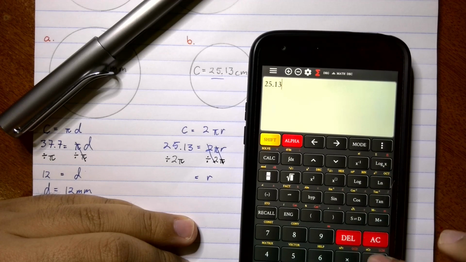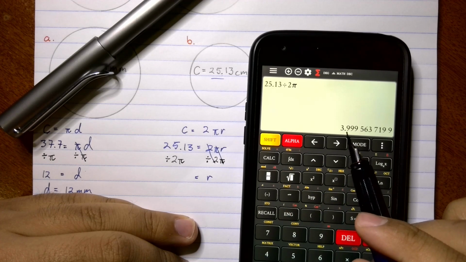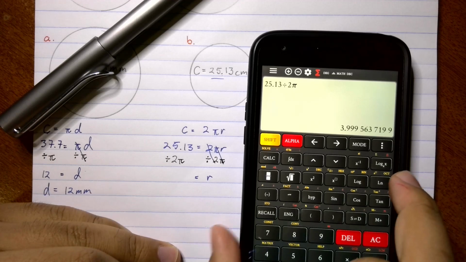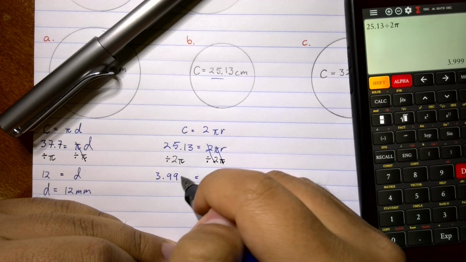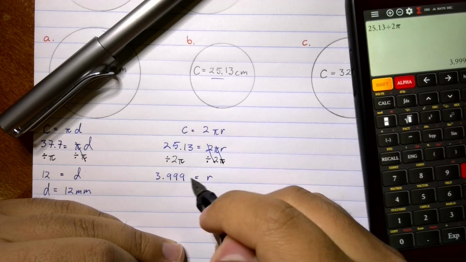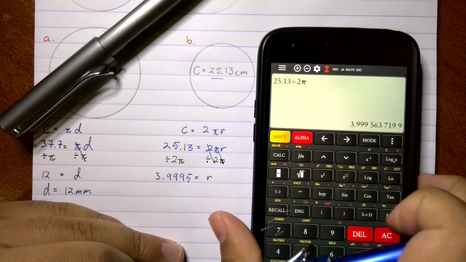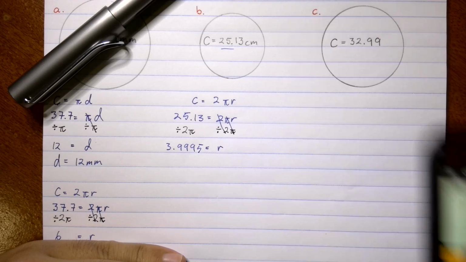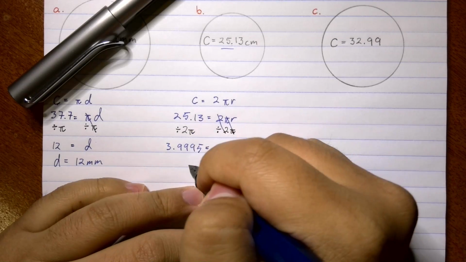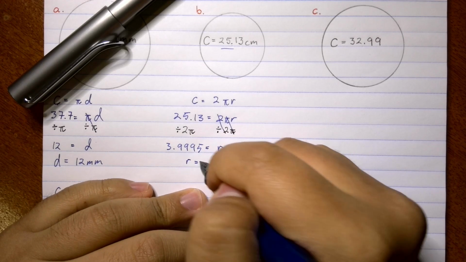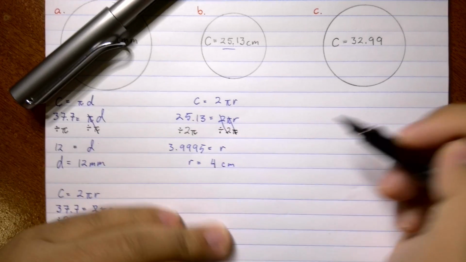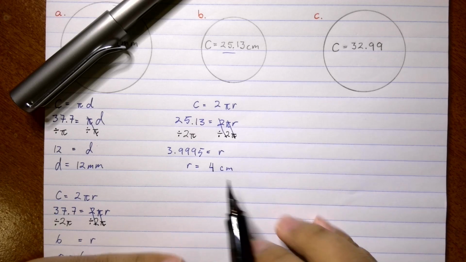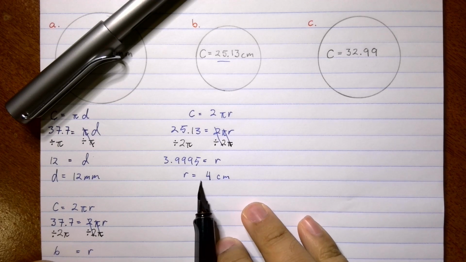25.13 divided by 2 pi is equal to 3.9995. Let me just write that in. 3.9995. As you can see, it's actually so close to the number 4, which is what I'm going to do. I'm going to round this value up so that it is 4 centimeters. Now, this is the radius.